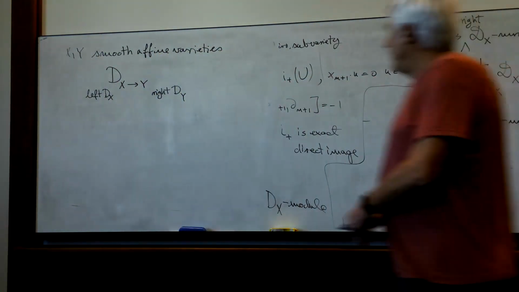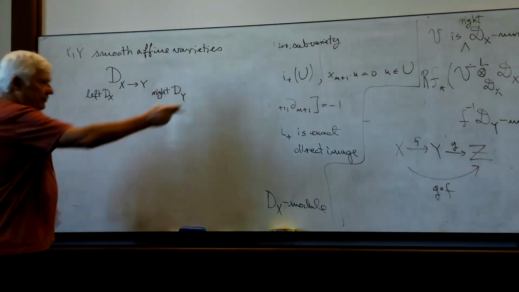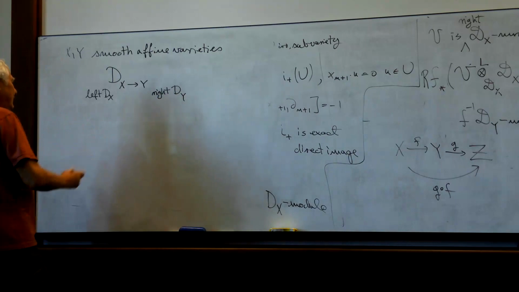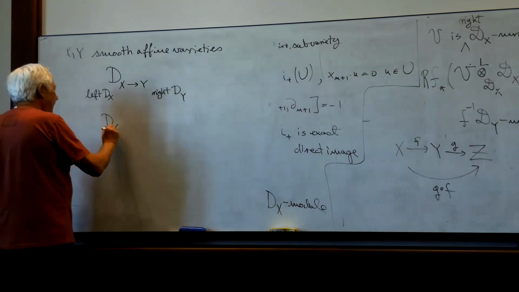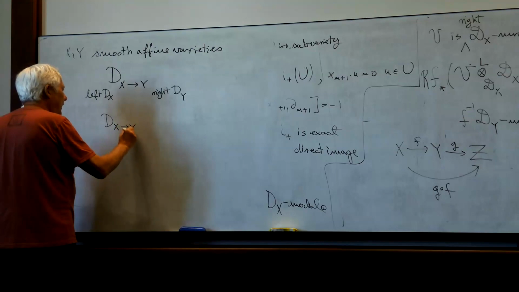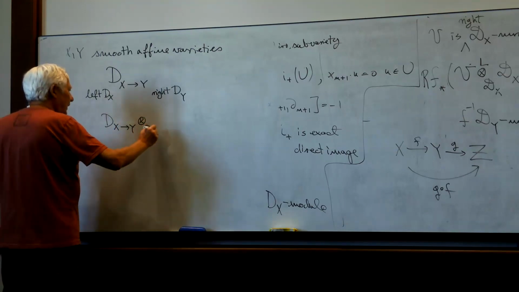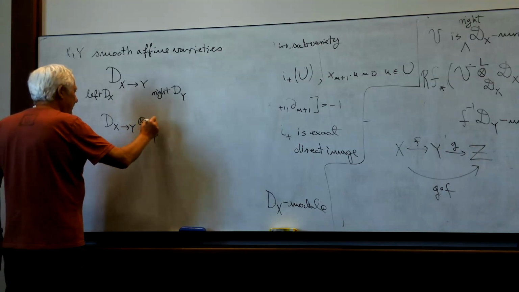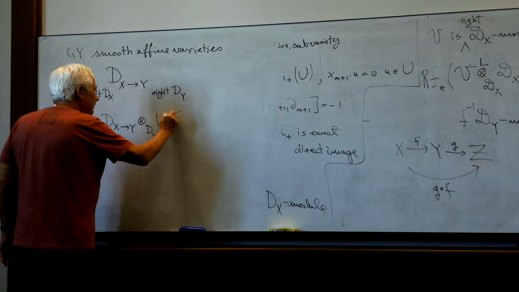So then, if I take, say, for inverse image again, I'll have the X Y tensor over D_Y with, say, U. This is D_Y.